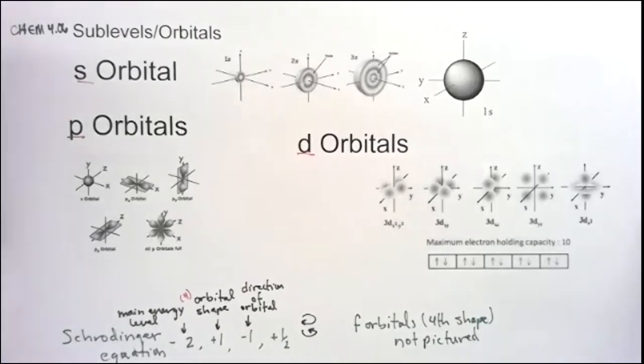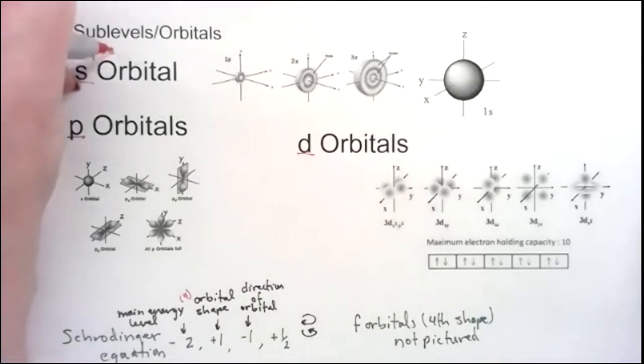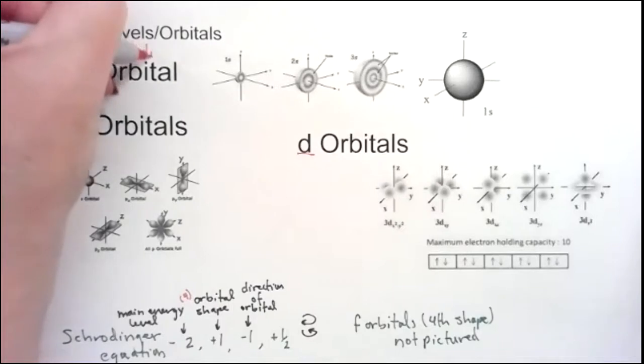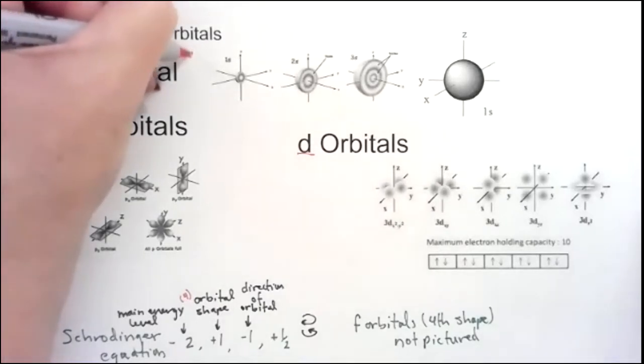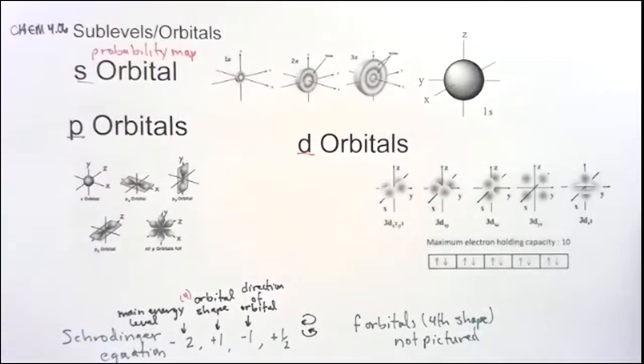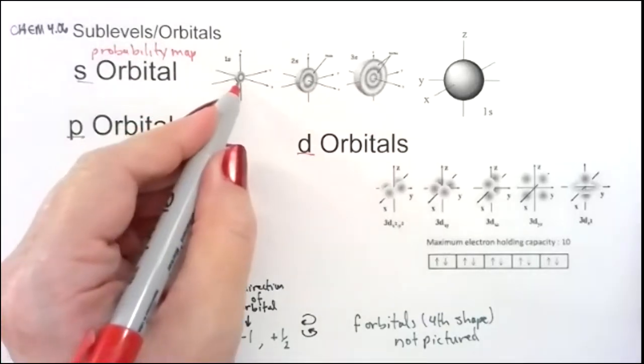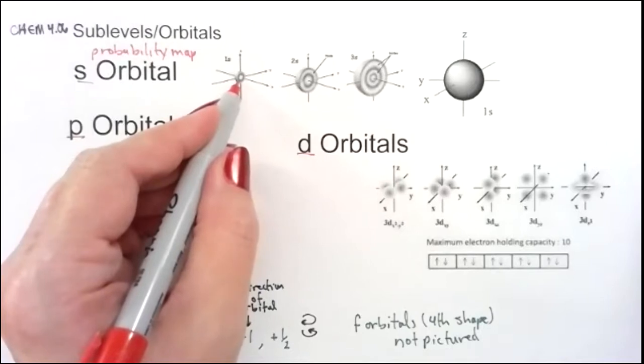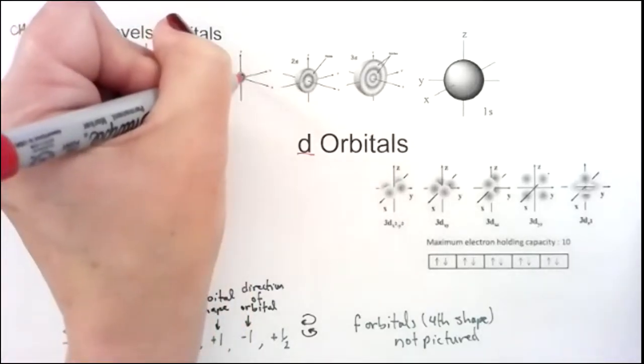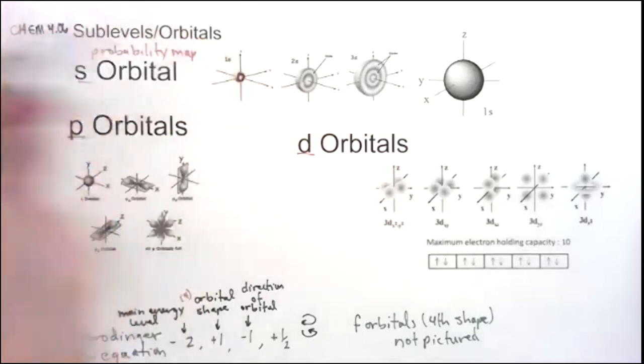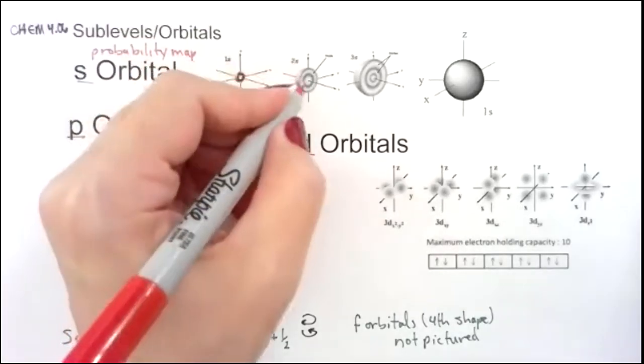So remember, an orbital is a probability map. You can't think of this as a fixed candy coating shell around an M&M. And we'll make this 1s orbital red. You'll notice there's a dark ring and a light ring.